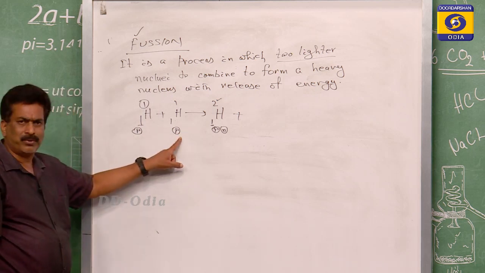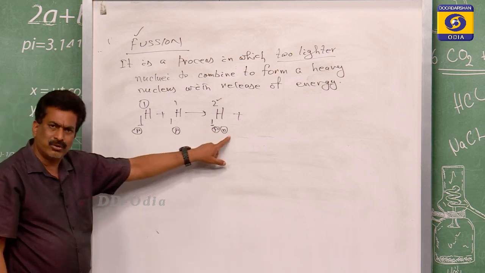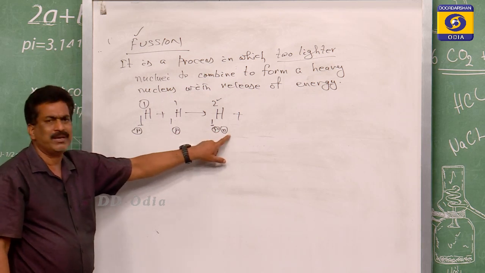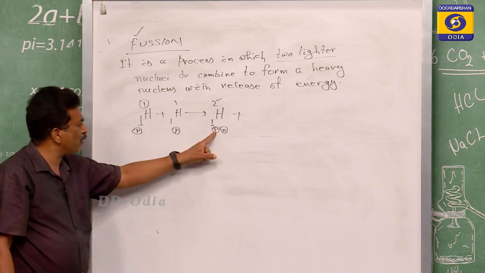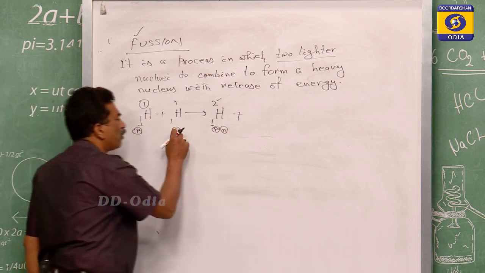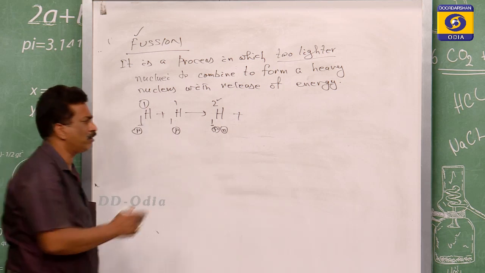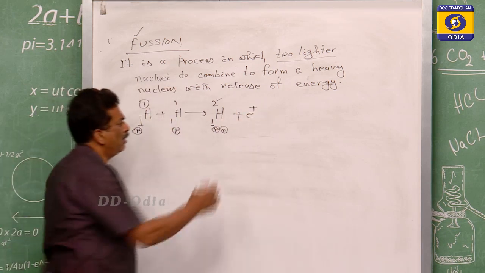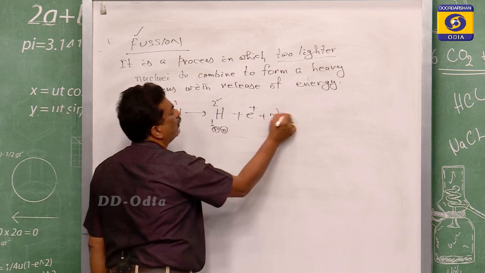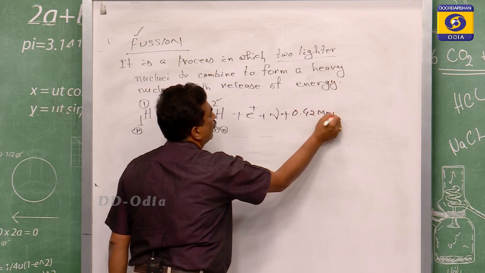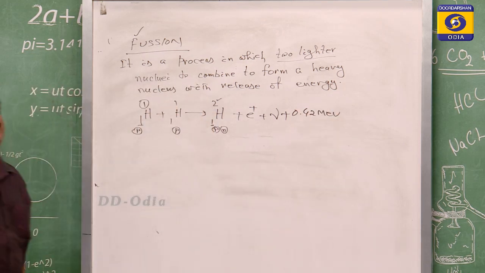Here there are 2 protons, but here there are 2 constituent, smaller particles. One is the proton, one is the neutron. So one proton is the proton, but another proton is converted to a neutron. When the proton is converted to a neutron, it will produce a positron with a neutrino and release some amount of energy, that is 0.42 MeV.